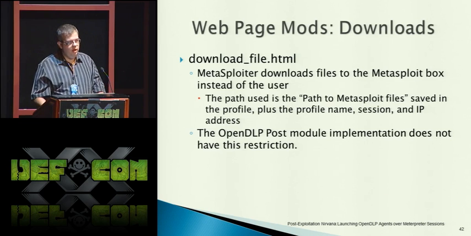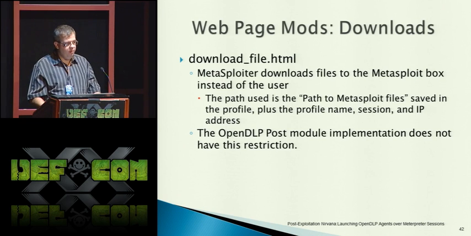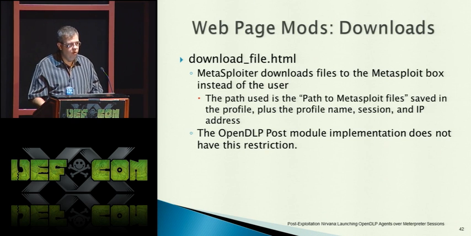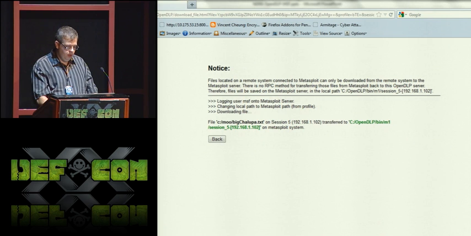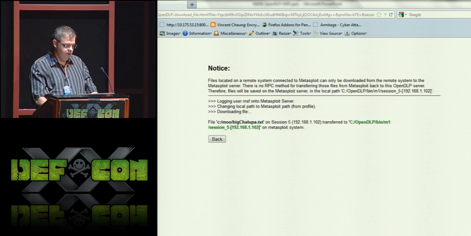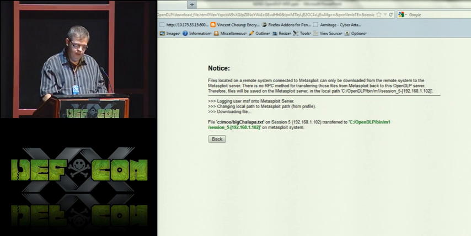What I do instead is I use that path to OpenDLP files on Metasploit where the deployment files are located, and I create a path under there using the IP address, the session ID, and the profile name, and store the file there so you can get it off the Metasploit box later. Again, the post module deployment doesn't have this restriction. And this is what it looks like for a Meterpreter based. The path in green, if you can read it, is where it will save a file to.